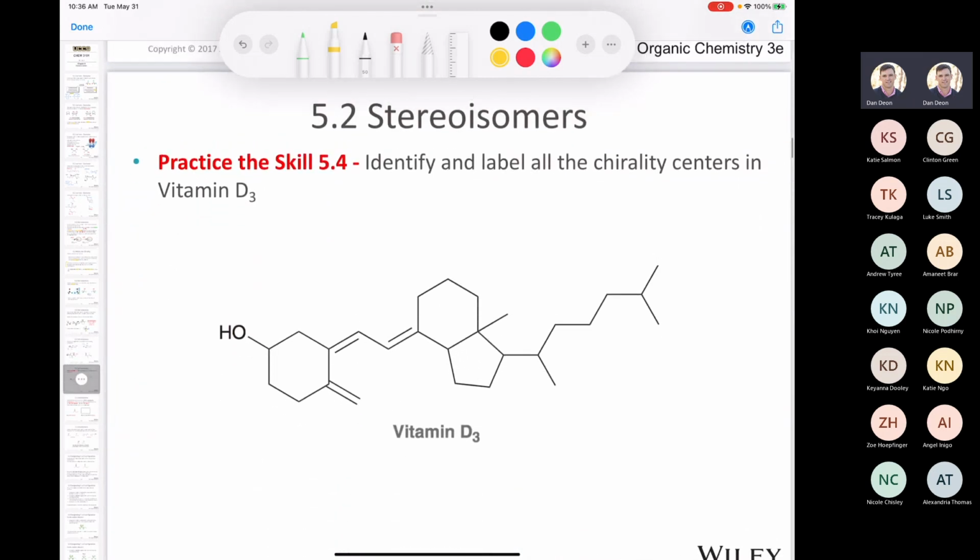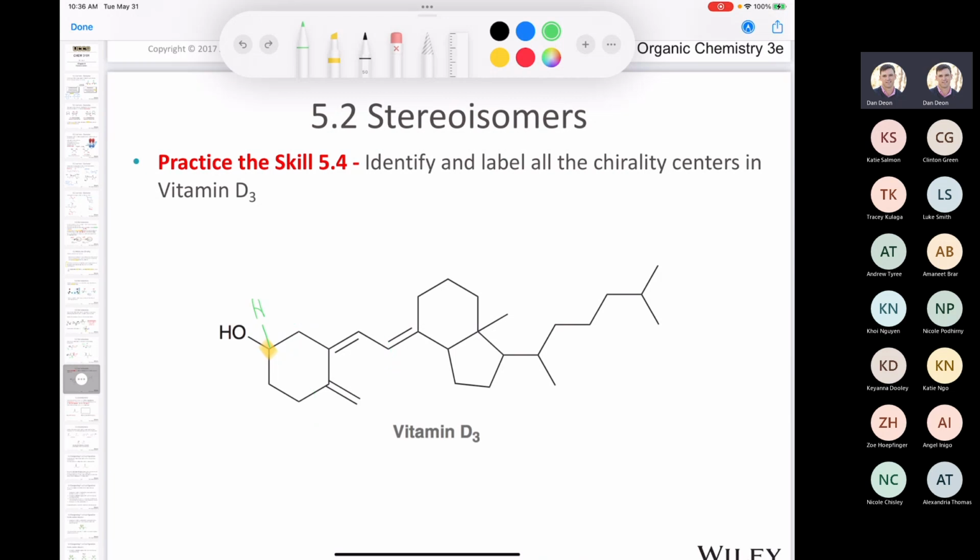It says identify and label all the chirality centers in vitamin D. There's a lot of chirality centers in this molecule. I'll just kind of help speed us along here a little bit, highlight some of these. We have one here, because keep in mind we have a hydrogen here, and this group on this side is different than this group down here, so that would be a chirality center.